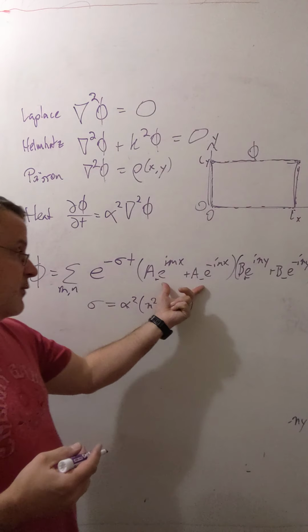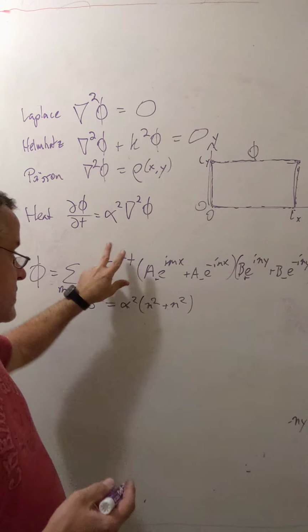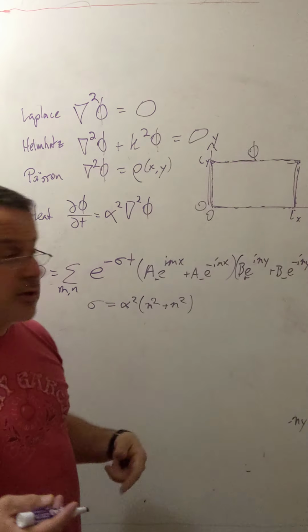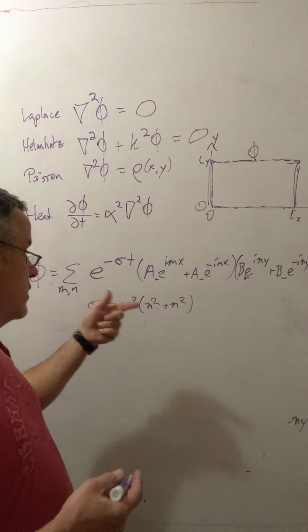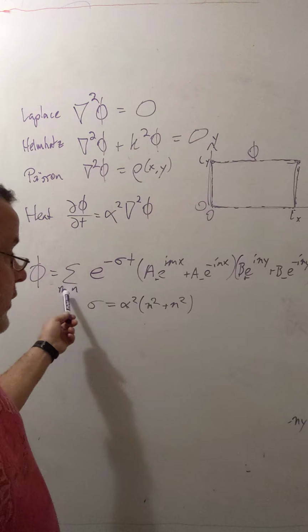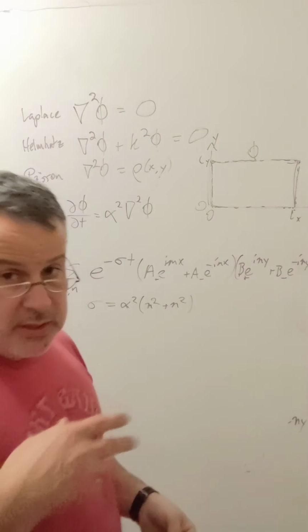And hey, look, this is a Fourier transform in x, this is a Fourier transform in y. At t equals 0, this just becomes 1, and say that's the Fourier transform of the initial conditions. And then as time goes on, they're going to evolve. We have to sum over all the different m's and n's in order to get the Fourier transform in both directions, but we could do that.